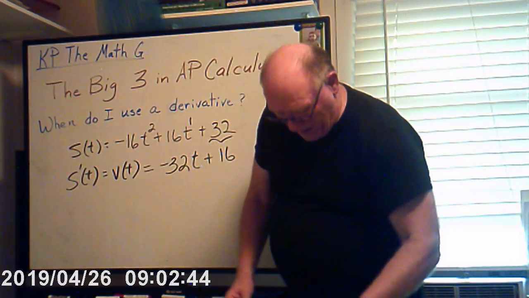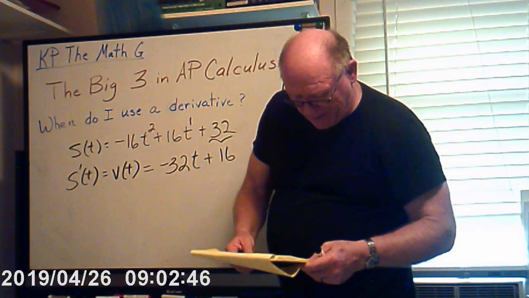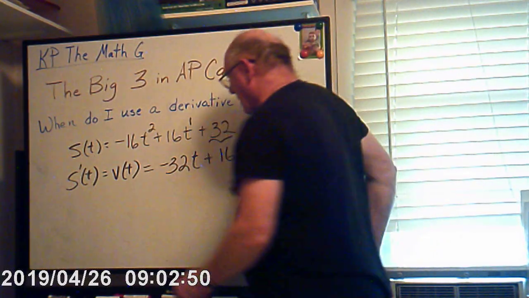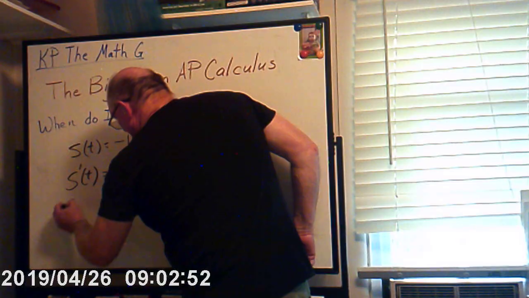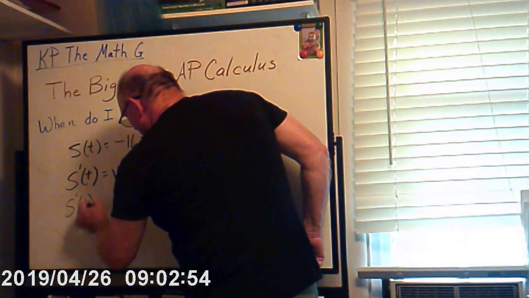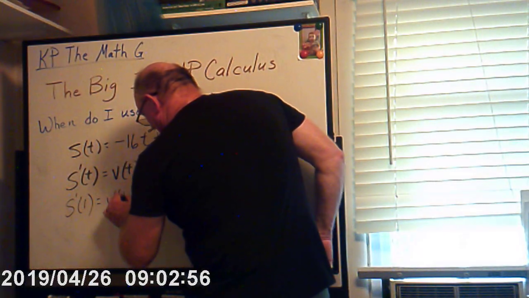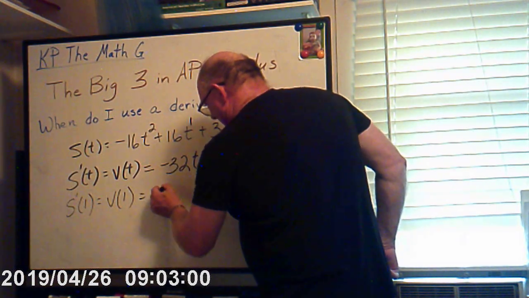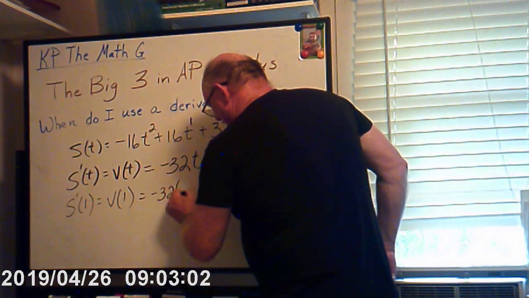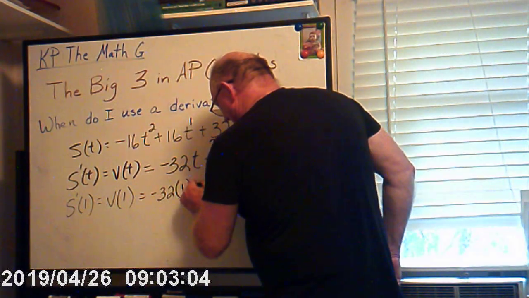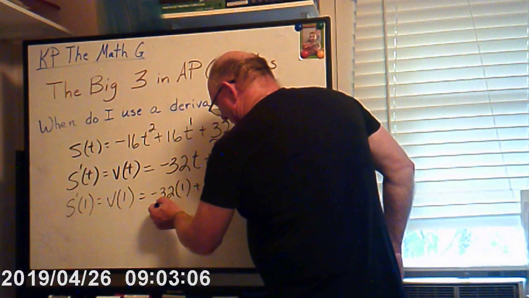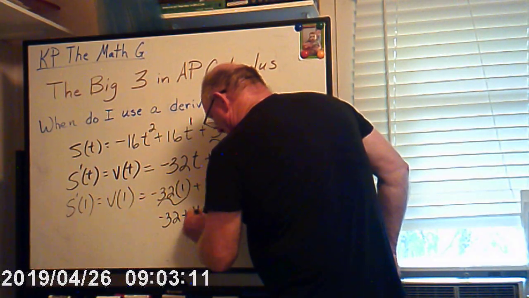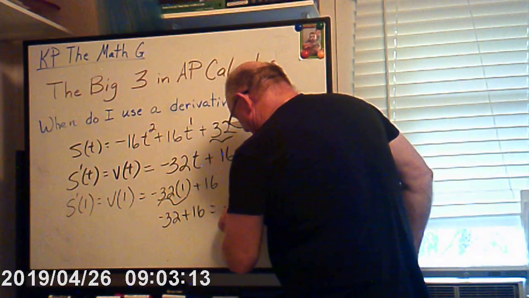If you want to look at this after 1 second, S prime at 1 is actually just V at 1, and then you just plug in the second right there. After 1 second, the velocity is negative 32 plus 16, and that's negative 16.